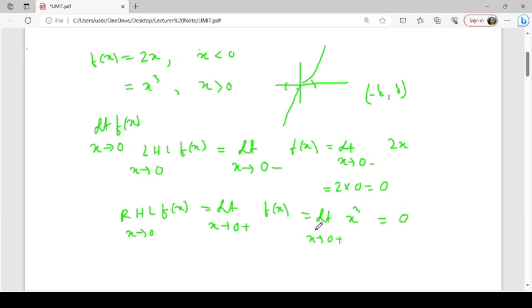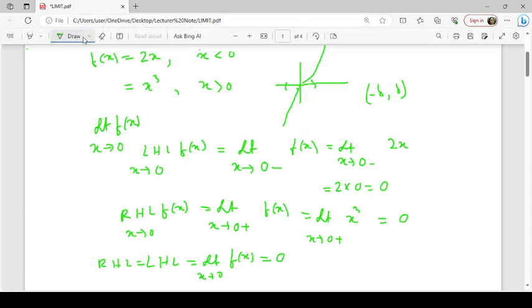And we say when the right hand limit and left hand limit are equal, they are equal to the limit of f(x) as x tends to 0, and the value is 0. This is the case when the paths are different. To the left it is like this, to the right it is this.